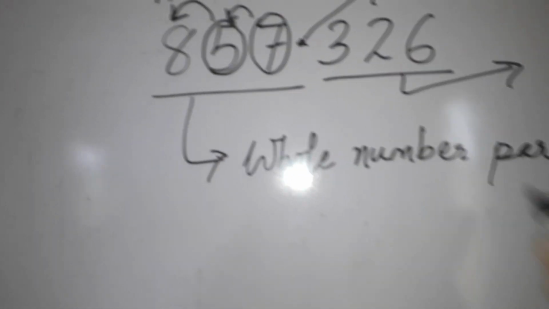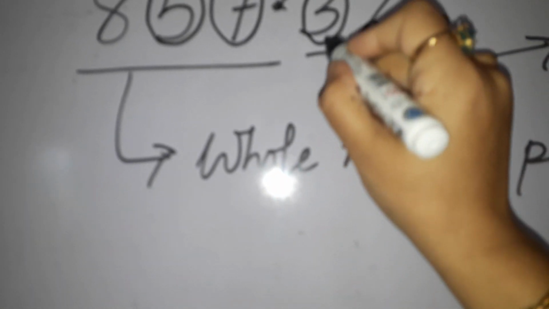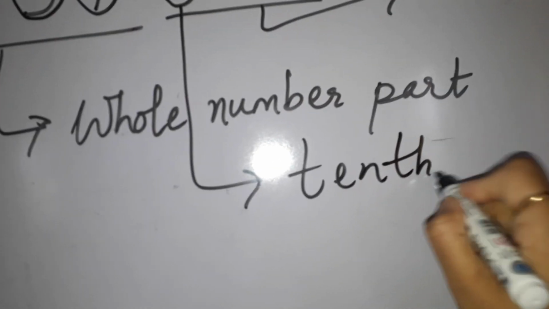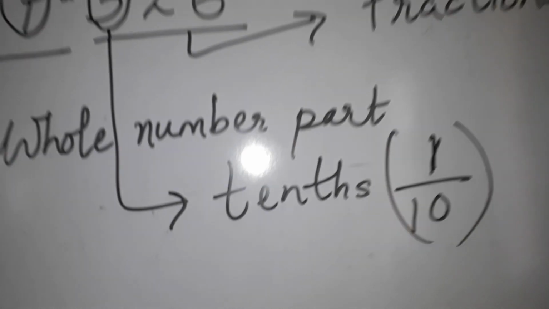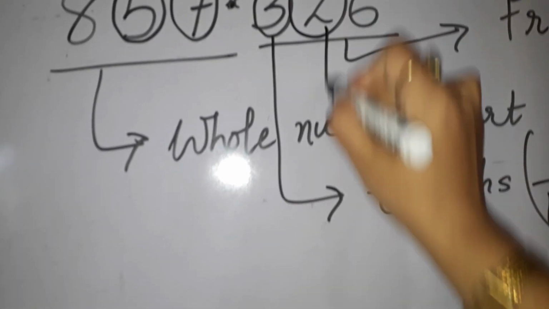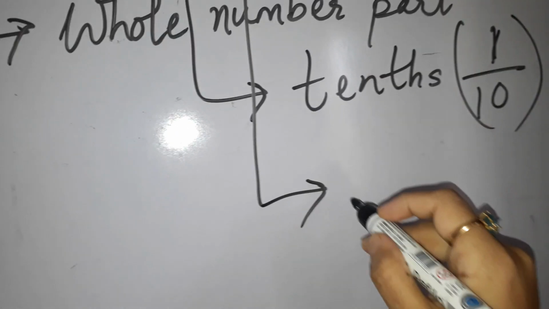Now we move on to the right side of the decimal point. This first digit 3 is in the tenths place. Tenths. That means 1 by 10. This digit 2 is in the hundredths place.